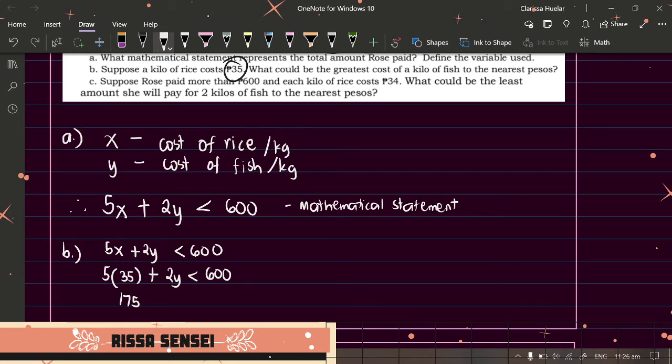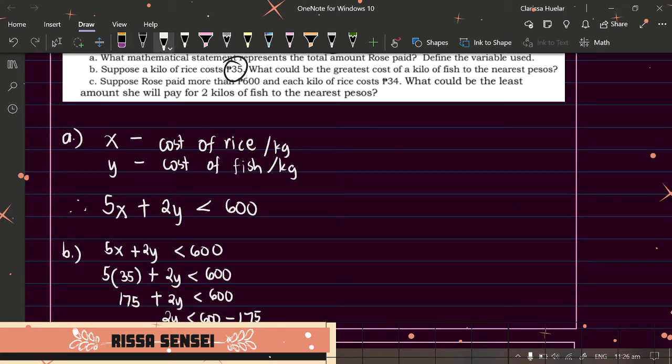So, 175 plus 2y less than 600. Then, by addition property of equality, tanggalin natin si 175 to the left side at mapupunta siya sa right side pero negative.